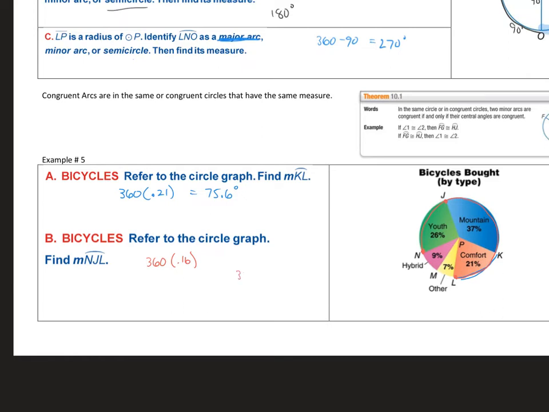Then I'll do 360 minus 57.6 degrees. 360 is the whole measure of the circle. Subtract the 57.6, and I find out that the measure of arc NJL is equal to 302.4 degrees.